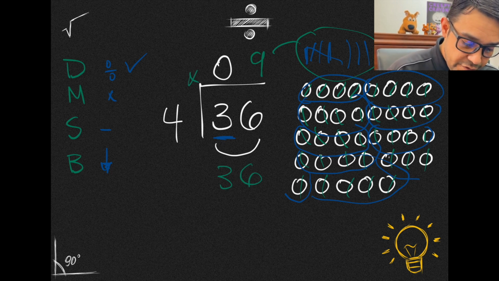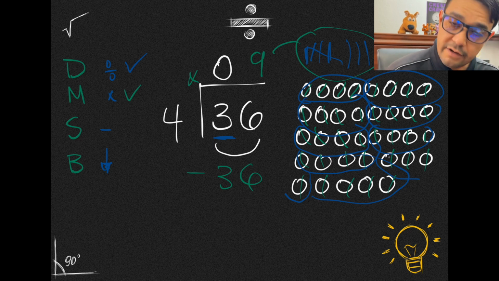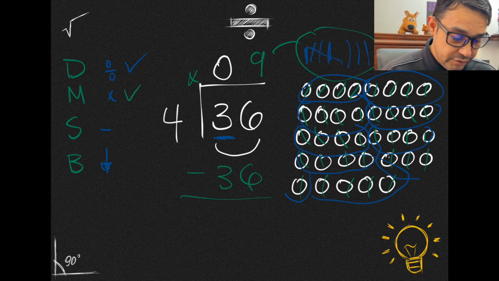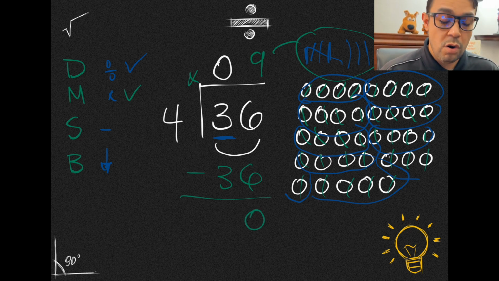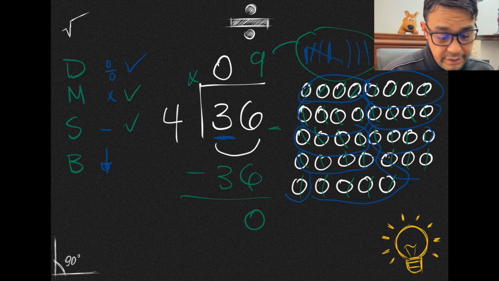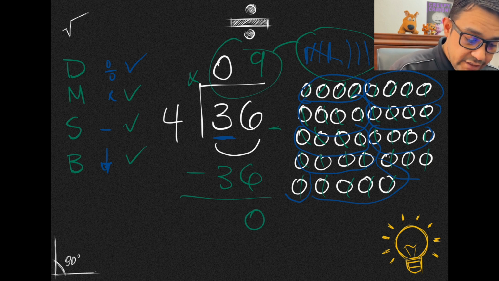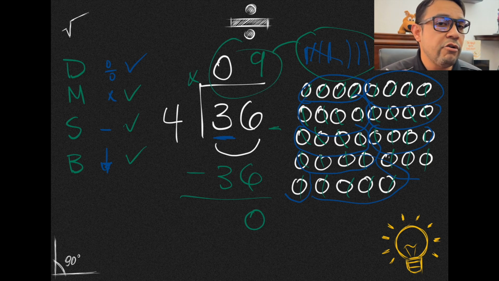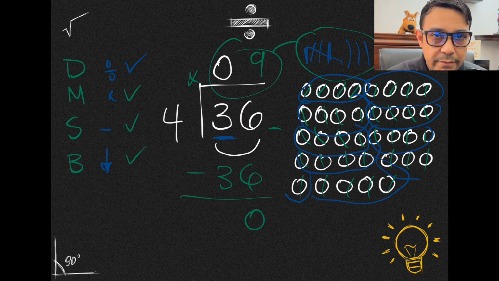Well, that's 36. Check. Now we subtract. 36 minus 36, well, that's 0. Do we need to bring anything down? No, there's nothing there. So our answer is 9. Now that's a quick crash course in division.